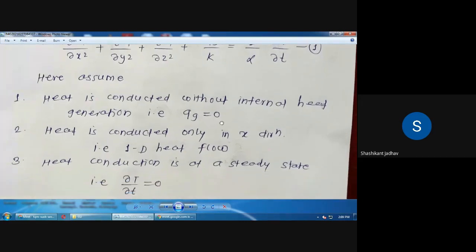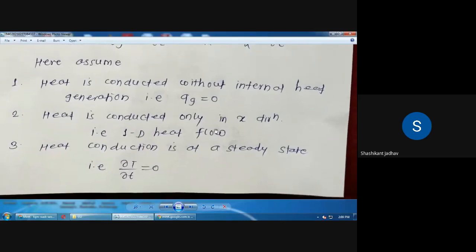Third assumption: heat conduction is at a steady state.